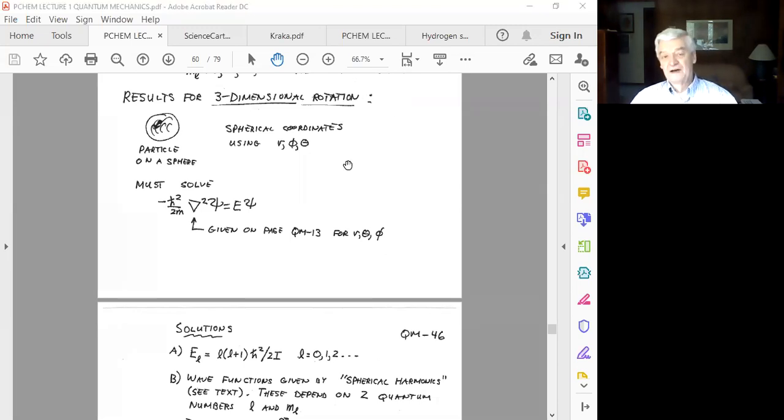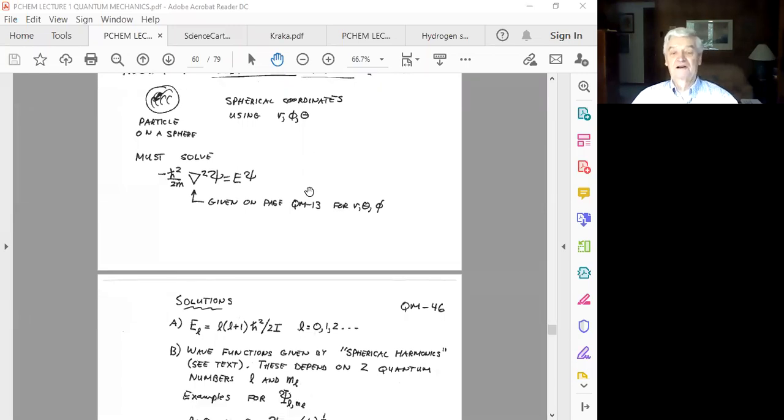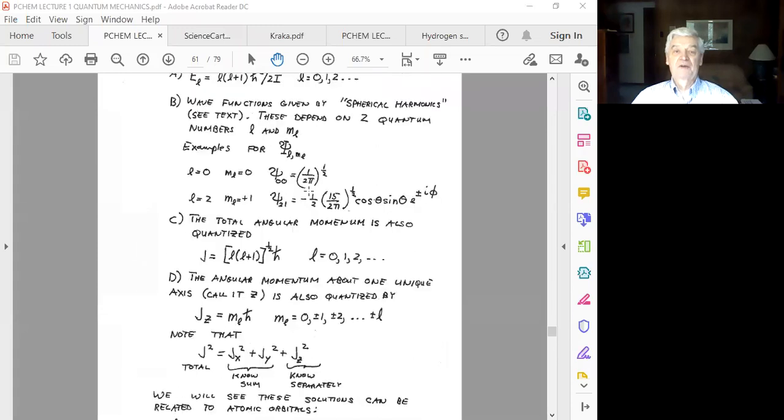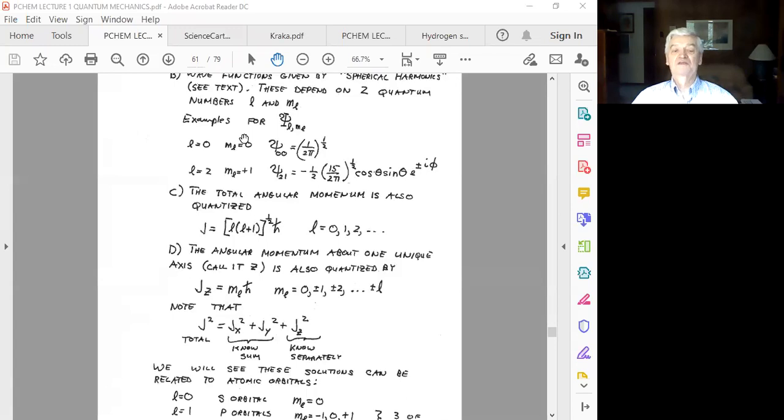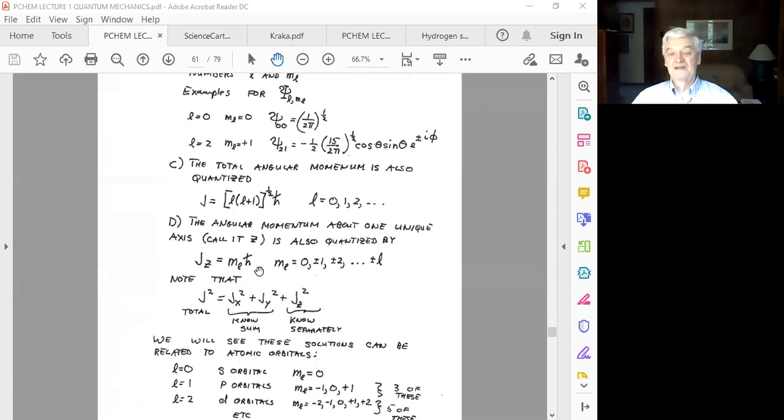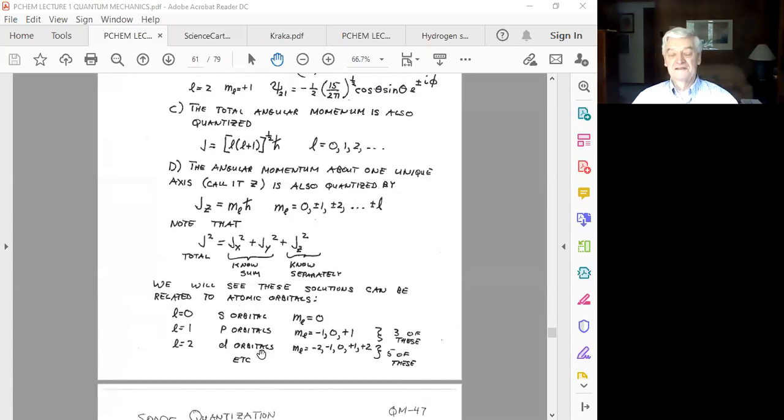Okay, so we solved the three-dimensional problem, except that we fixed R. We found a lot of information about the quantum number L, the angular momentum quantum number. We also saw that we had M sub L's, and we related these to what we had in atomic systems: L equals 0 being s orbitals, L equals 1 p orbitals, and so on.